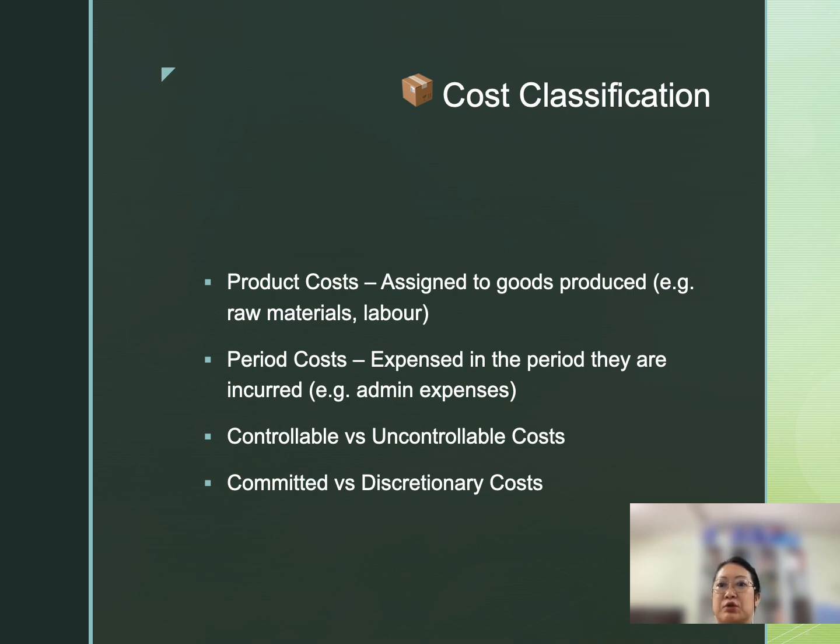We also have controllable costs, which refers to those costs that managers can influence, as well as uncontrollable costs, whereby they cannot have control over the costs. Costs can also be committed, i.e. hard to change, or discretionary, such as advertising, which can be adjusted.